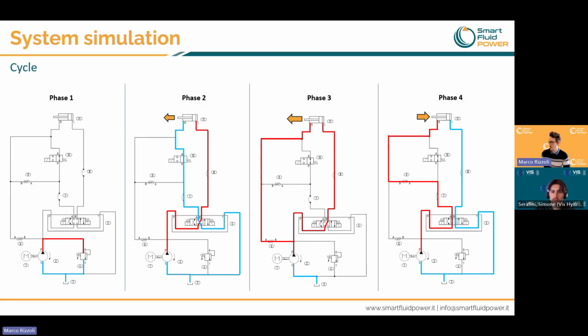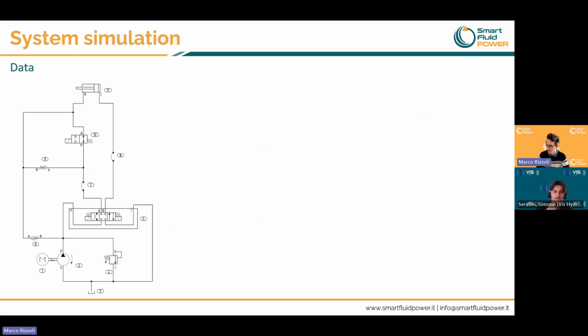In the last phase, we finish the exiting and we switch again the distributor to have the retraction. So the power line goes through a check valve in the rod side, and we have a free way in the discharge line from the head side of the cylinder to the tank.